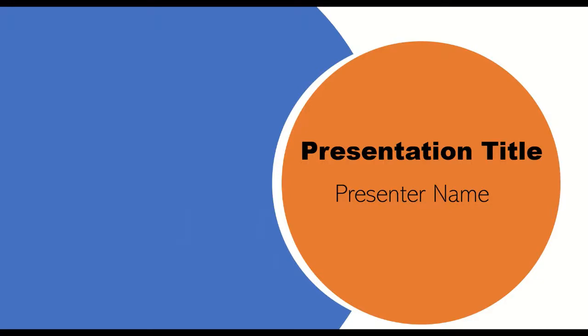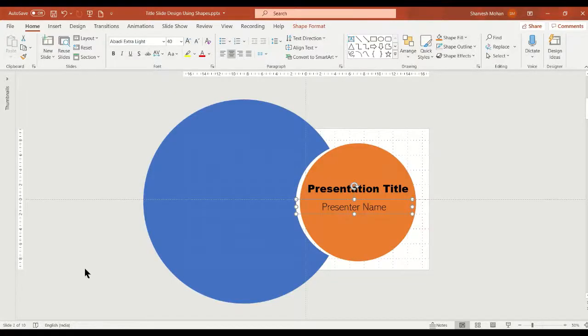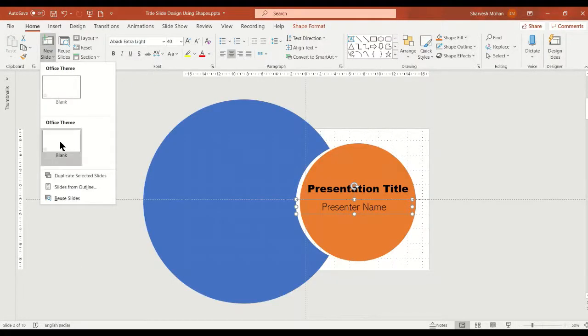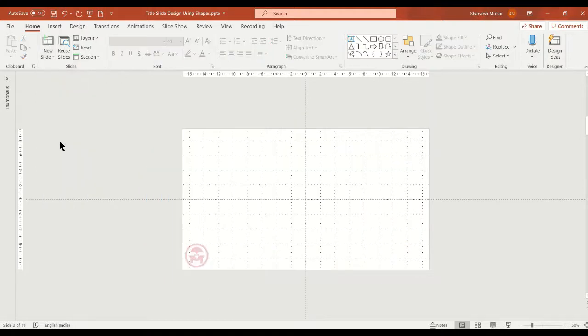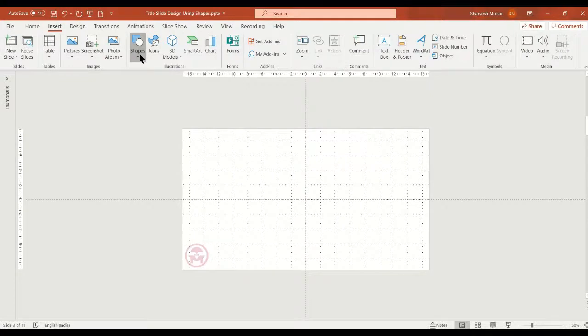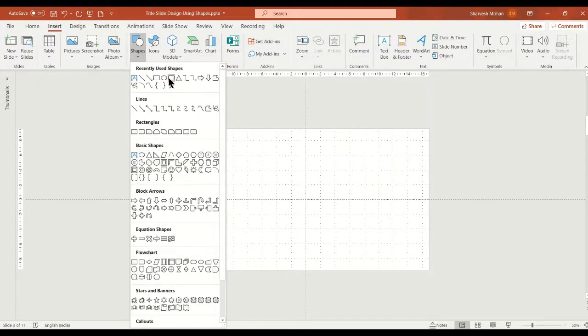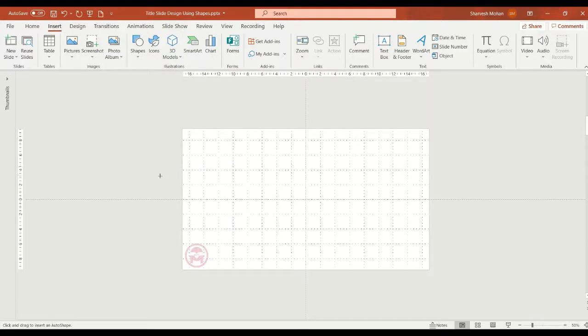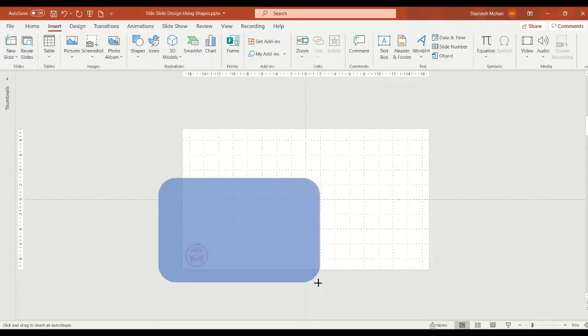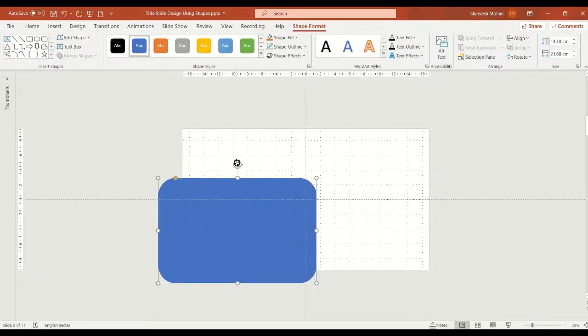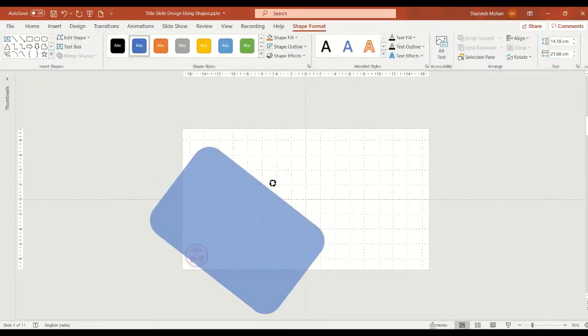Go to new slide, new blank slide, and insert. Now let's take a shape, this one, the rounded corners rectangle, drag it like this, just rotate and place it like this.